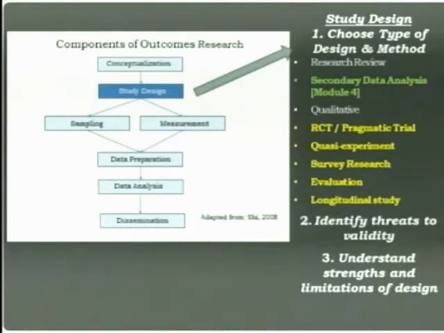What I'm going to focus on are the ones in yellow here. There are also research reviews, which are essentially case studies or compilations of case studies, which are important to outcomes research as a starting block. If you have a particularly unique patient or patient experience, you can write up a case study or compile different case studies.